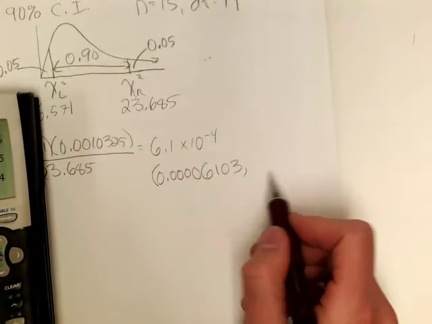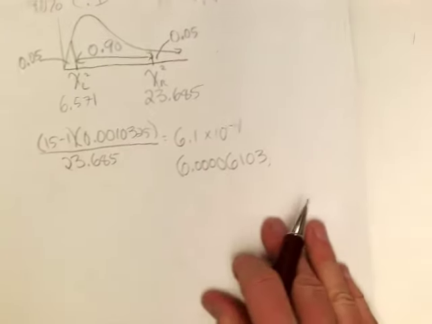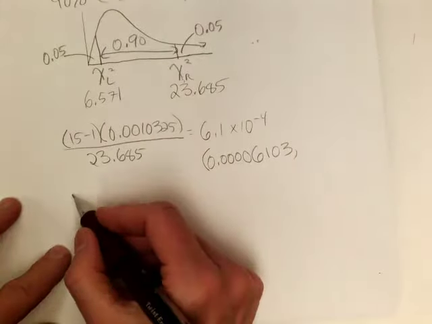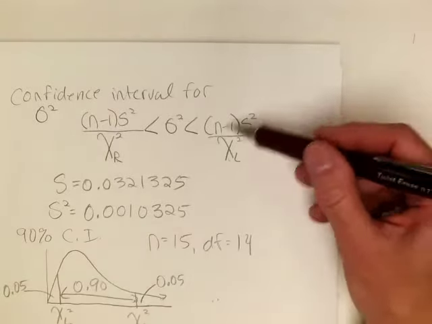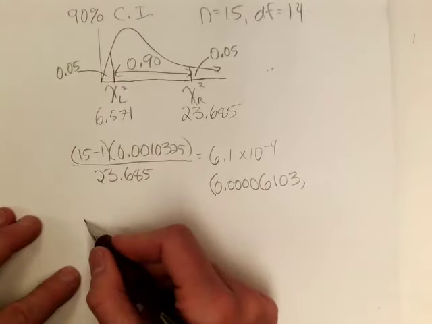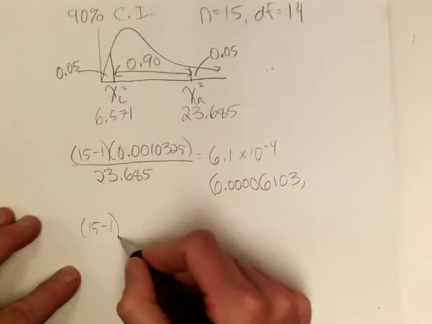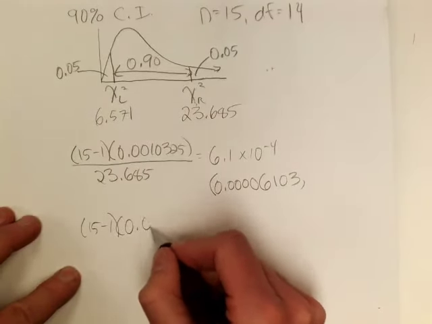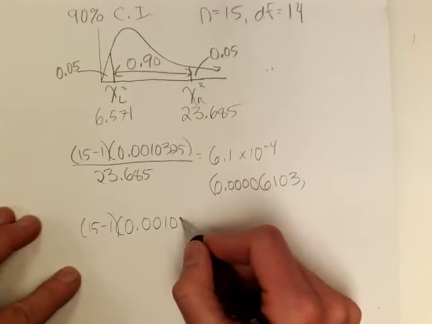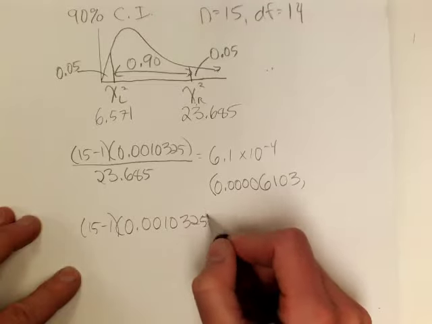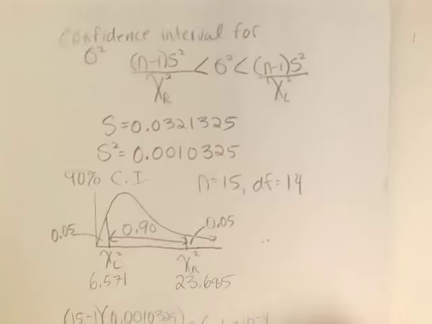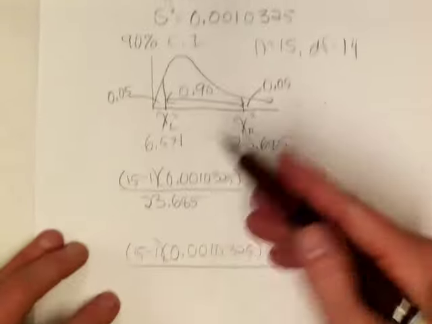All right, now I need to get this upper endpoint of the confidence interval, so I'm going to find this piece right here, and that's going to be 15 minus 1 times the sample variance over this lower critical value.